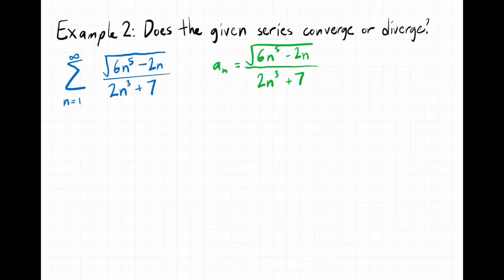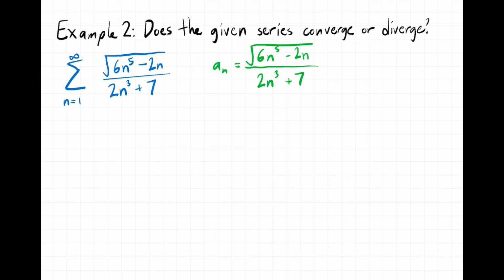And let's just start tweaking this a little bit and modifying it, and try and see if we can chop off some parts we don't like and turn it into a much, much simpler function. In fact, what I'm seeing here is that the function that describes my a_n is an algebraic function.